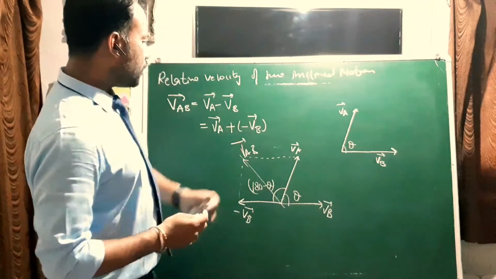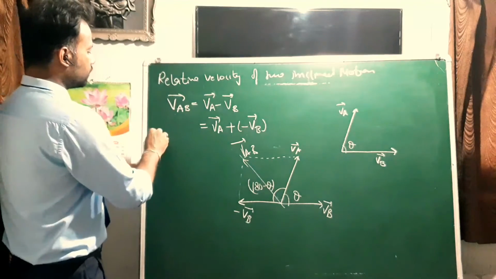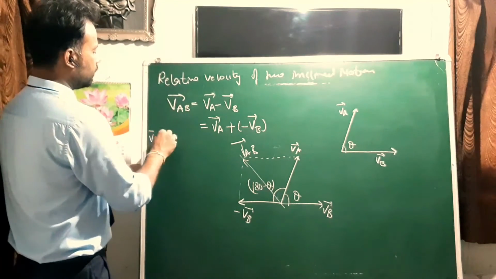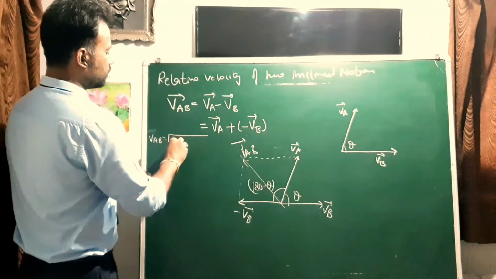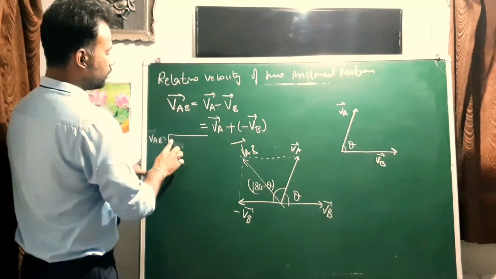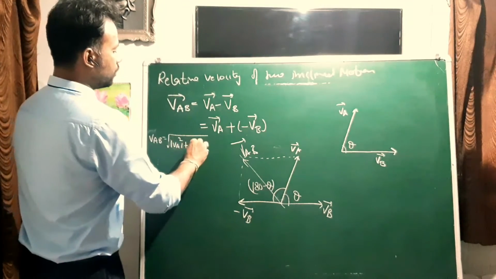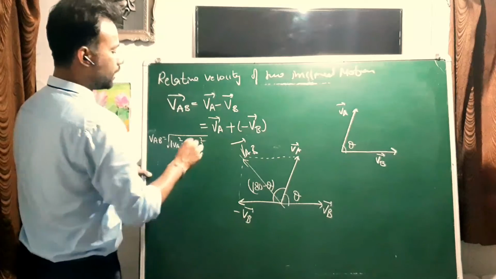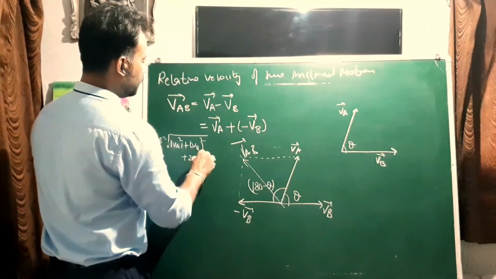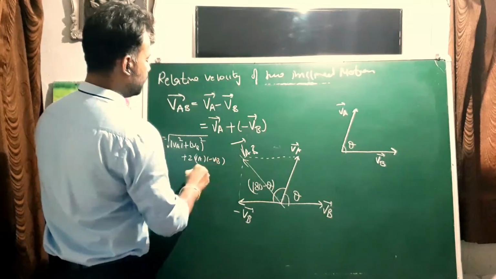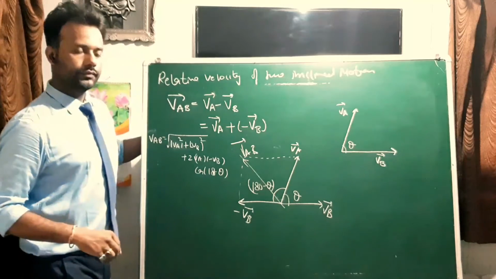Okay, how can we find the magnitude? The formula was VAB equals the square root of mod VA squared plus mod VB squared, plus 2 VA times minus VB cos (180 minus theta), right?